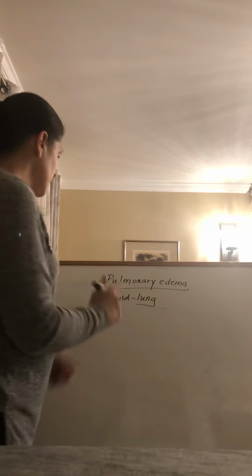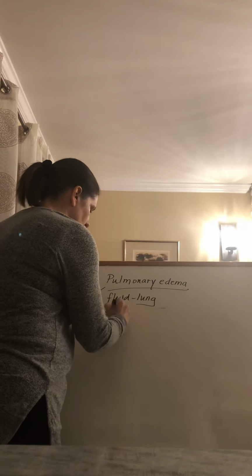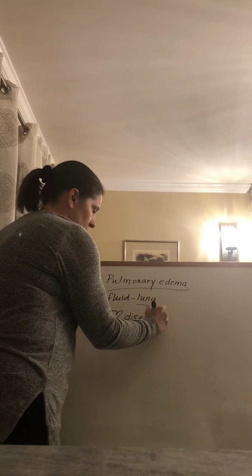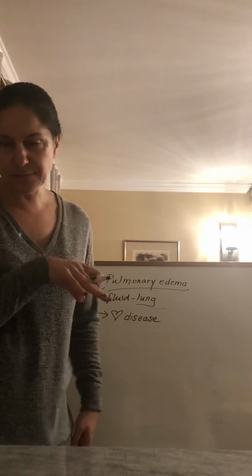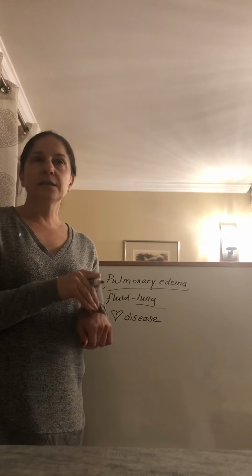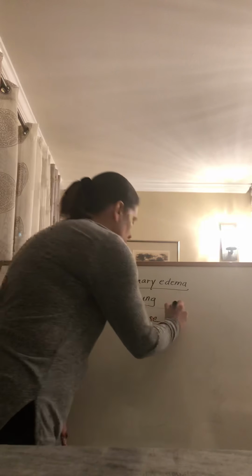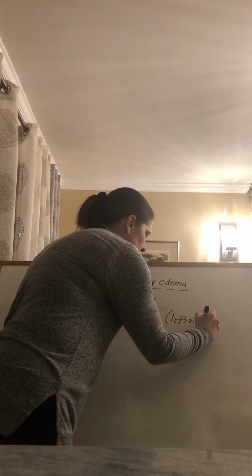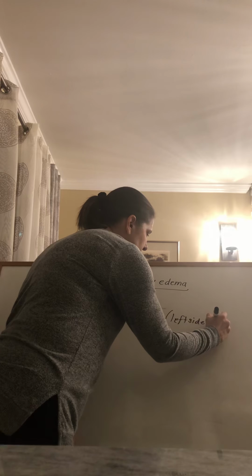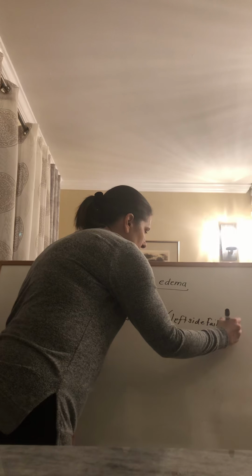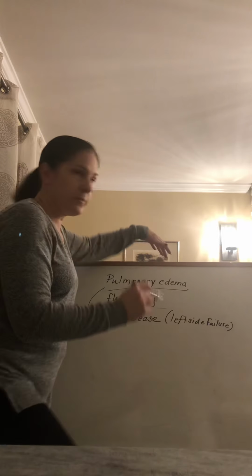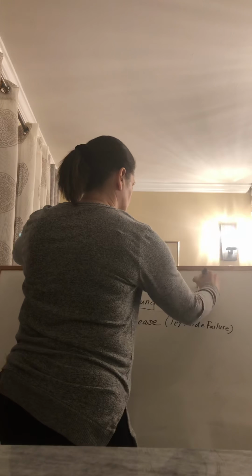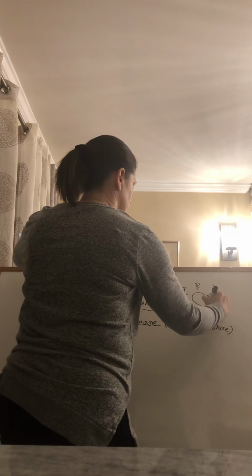So, this can occur because of heart disease. You have a backup of fluid into the lung. Okay. Pulmonary edema would occur with left side failure. Right, so we remember from AMP2 that here's your heart, right side, left side, right?